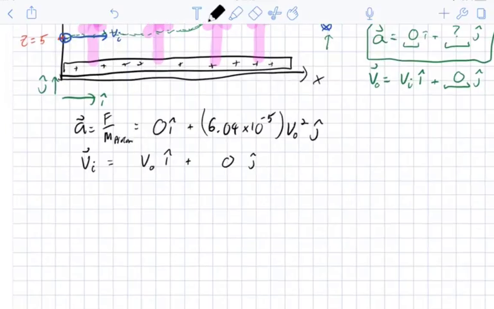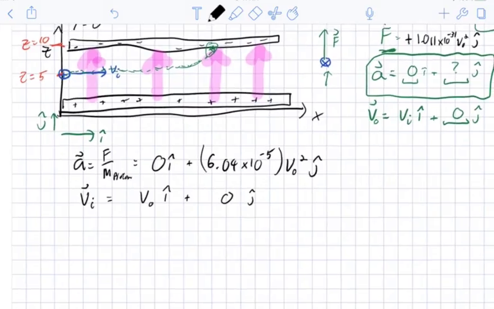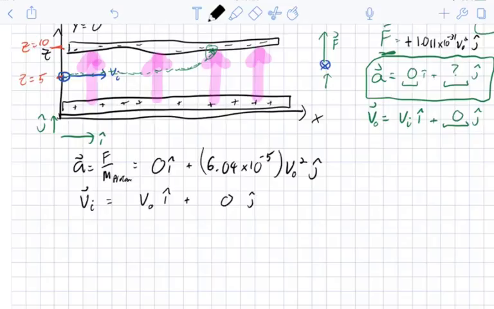And so the equation for how it moves is going to be position: initial position is 0.005. And then this one is just moving v naught t.